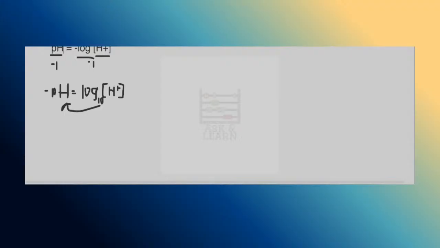This is also sometimes referred to as taking the anti-log. So the concentration of the hydrogen ions is equal to 10 raised to the negative pH power.